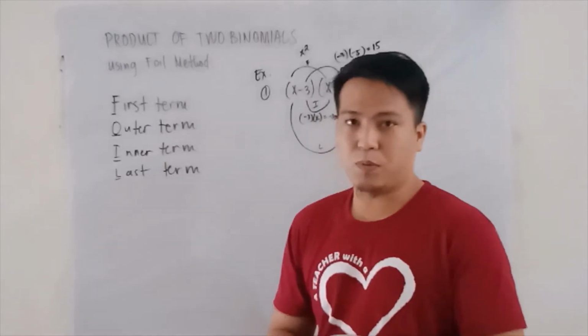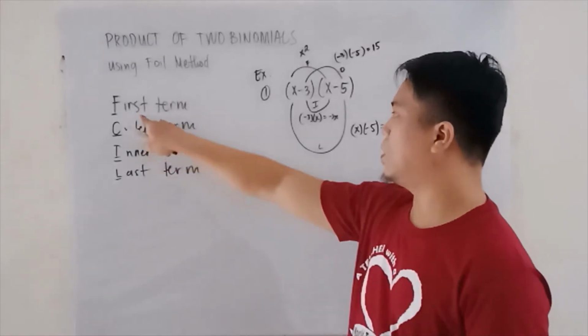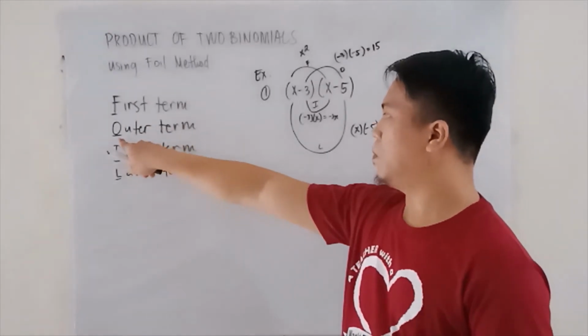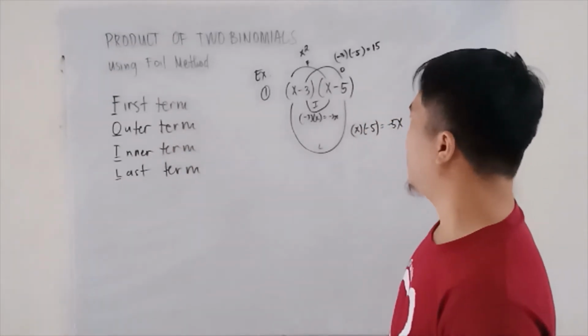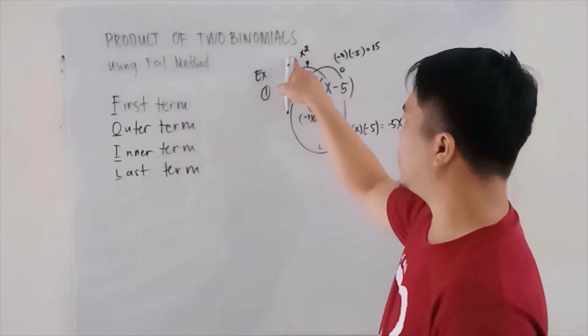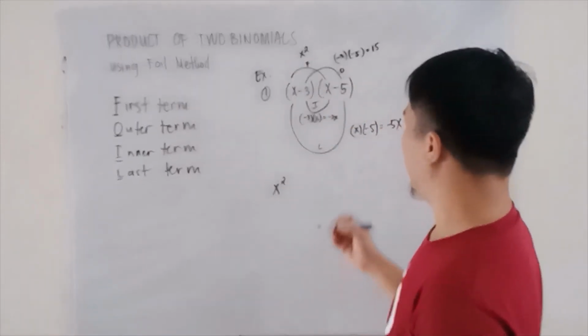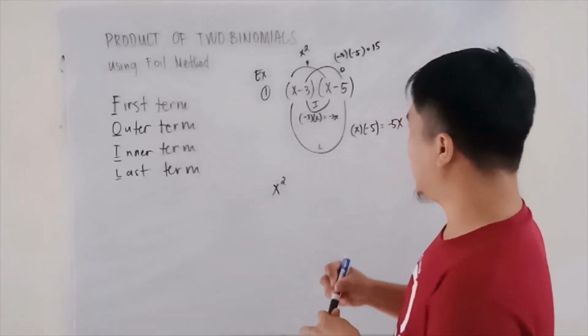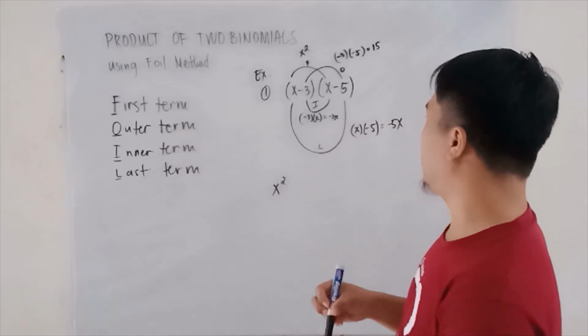So after we have the product formed by the first term, the outer term, the inner term, and the last term, we're going to combine them. Since the x squared has no pair, we're going to rewrite x squared here. And as you can see, we can combine the inner term and the last term.